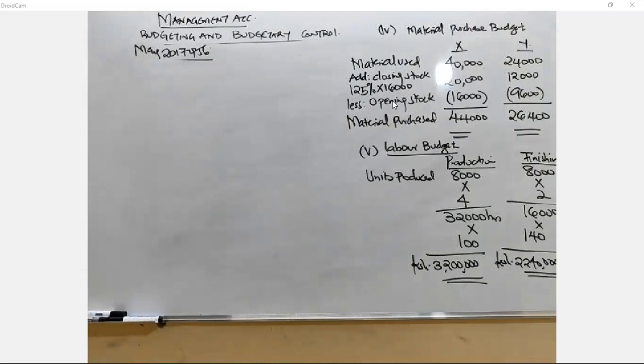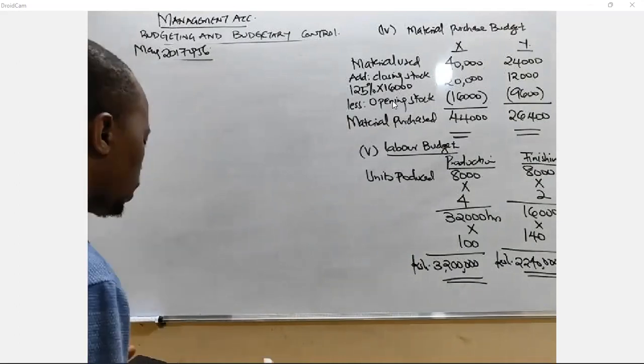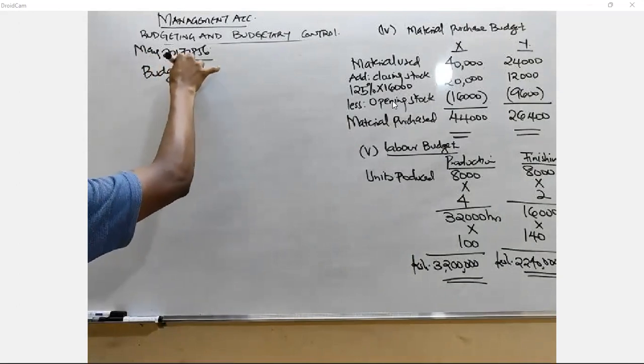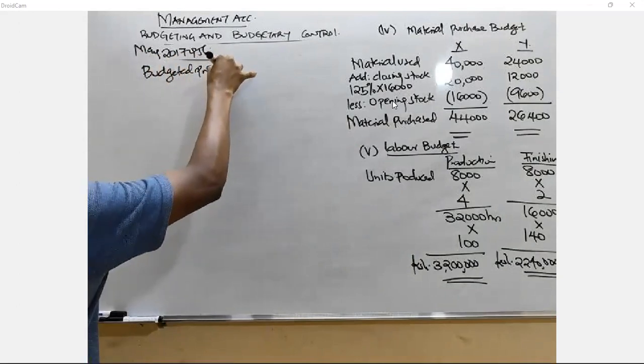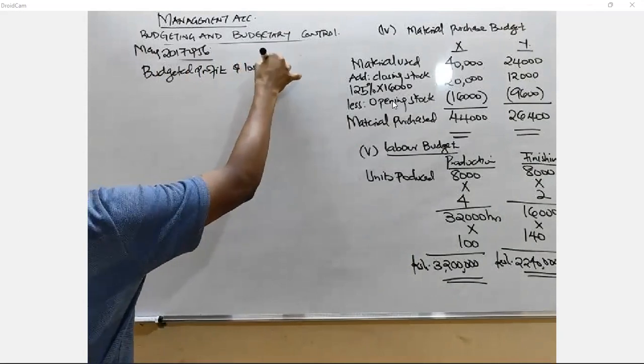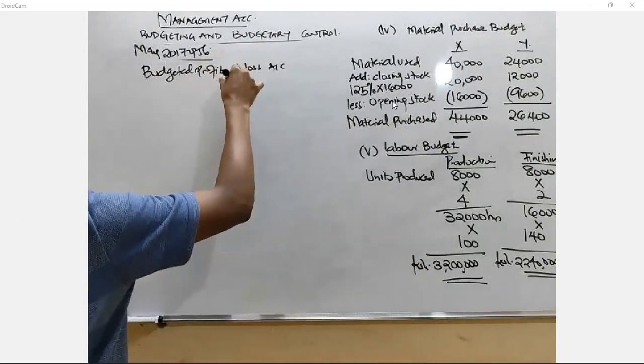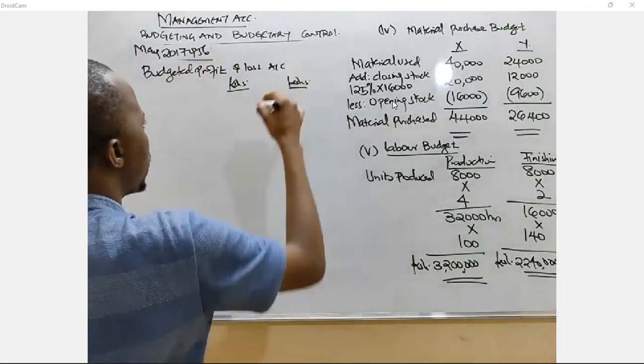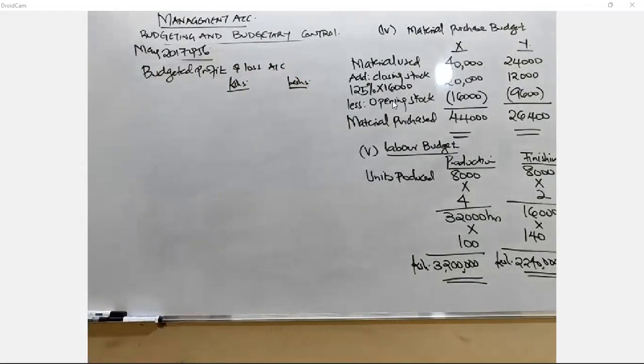The examiner is asking you about the budgeted profit and loss account. So we'll open 2 columns of Kenya shillings.